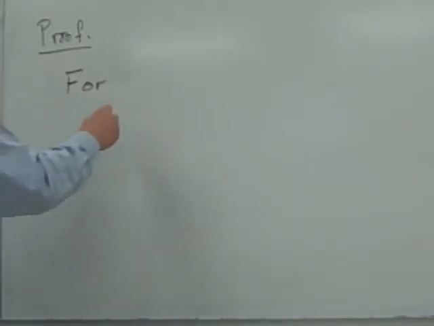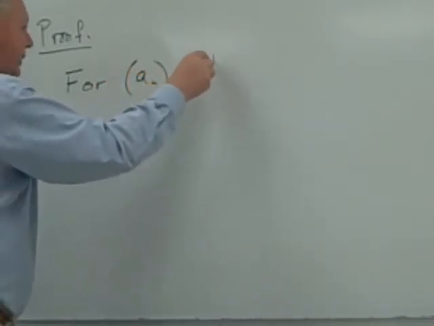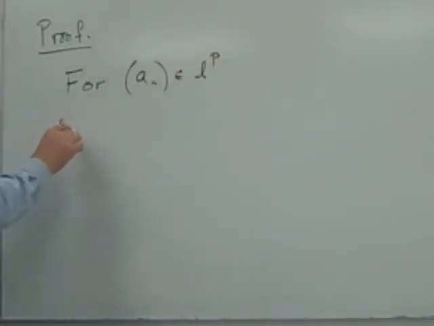I'm going to introduce something else, and the something else will be easy to see is a norm, and then we'll prove that something else is actually equal to the p norm. So for a sequence a_n in little l^p, here is the something else.